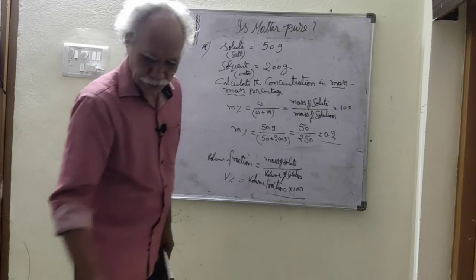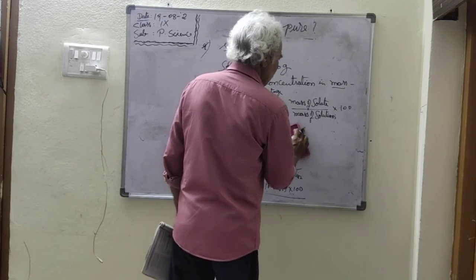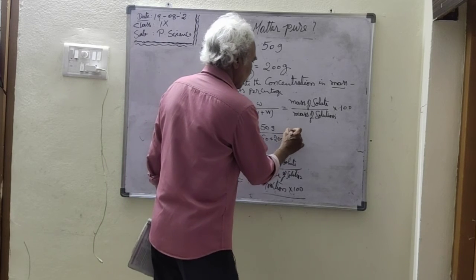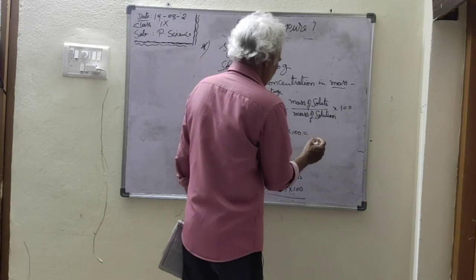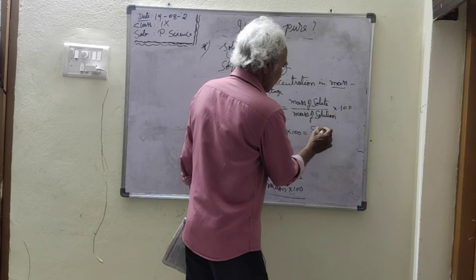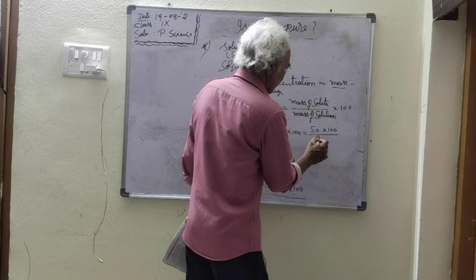This is the mass fraction. Mass percentage we get by multiplying by 100, which is 50 into 100 by 250.